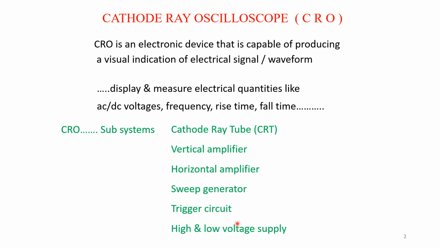As I said, from the examination point of view, you are going to get one question, most probably on the cathode ray tube or CRT, which is treated as the heart of CRO.